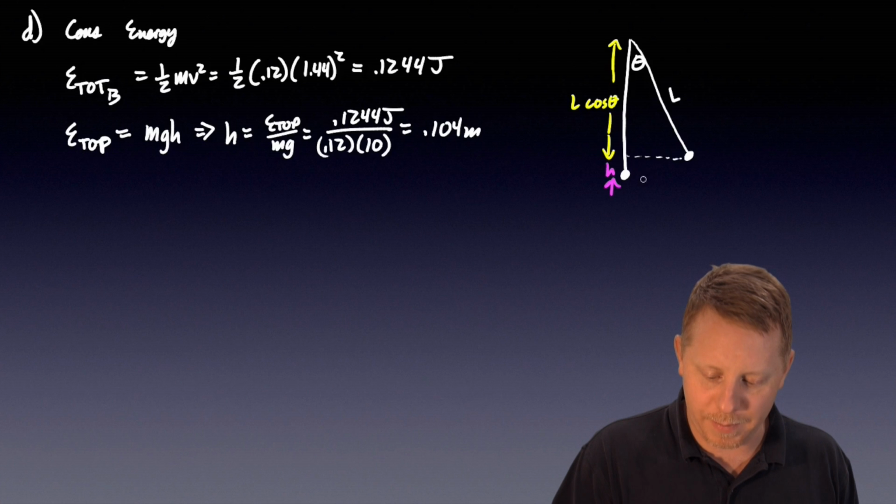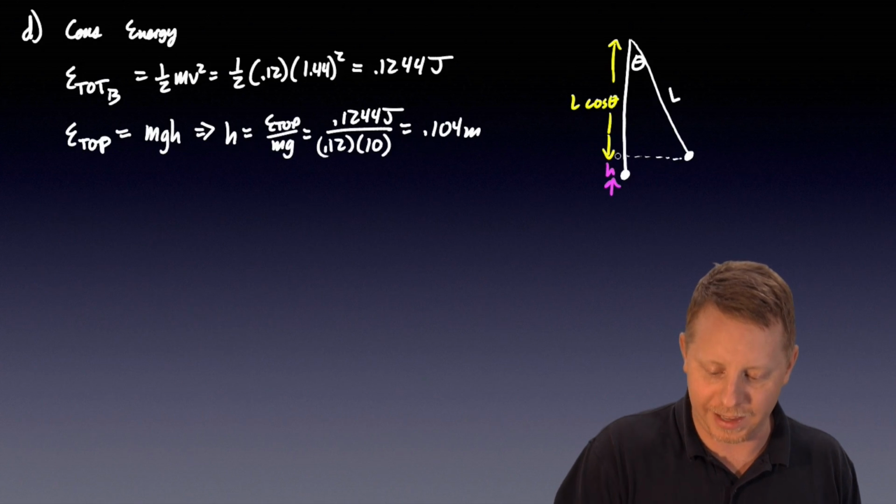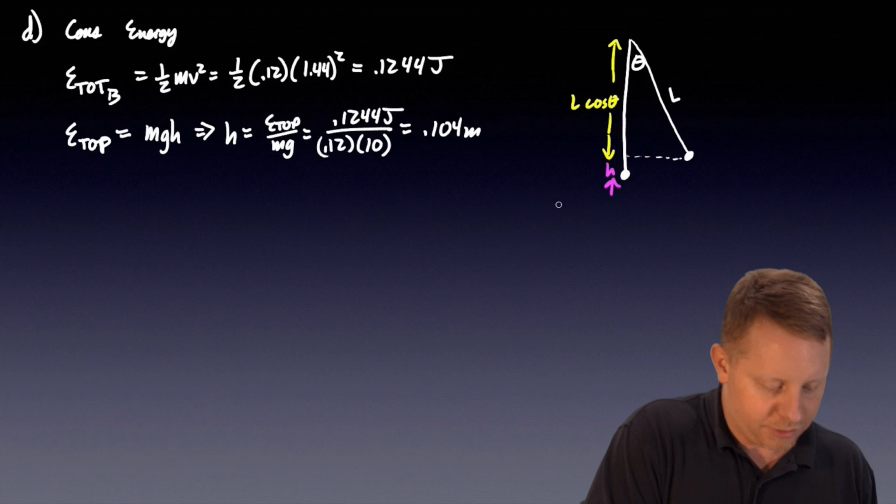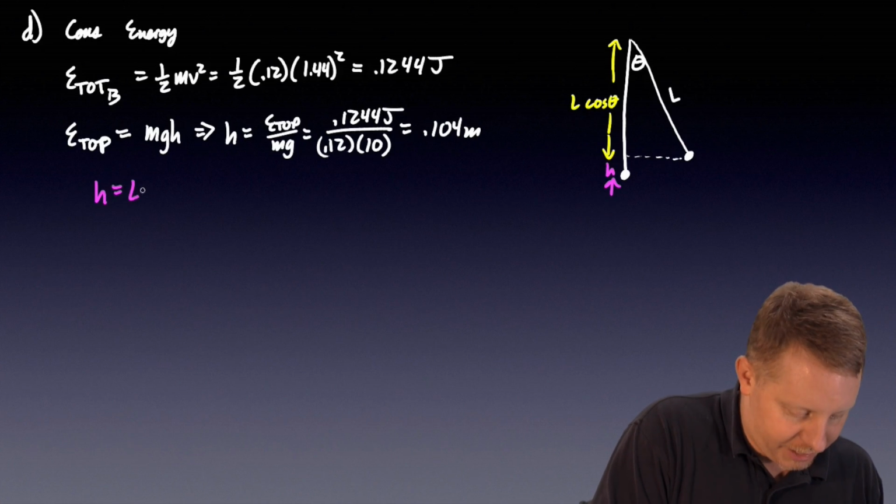So as I do a little bit of math here, h must be equal to the total length L minus L cos theta. So I can write that h equals L minus L cos theta.